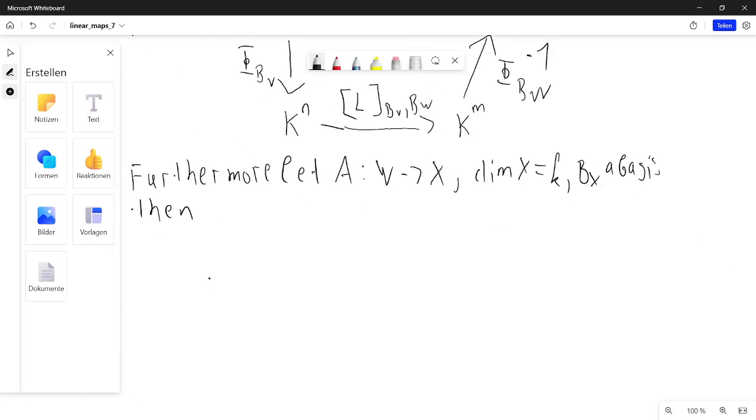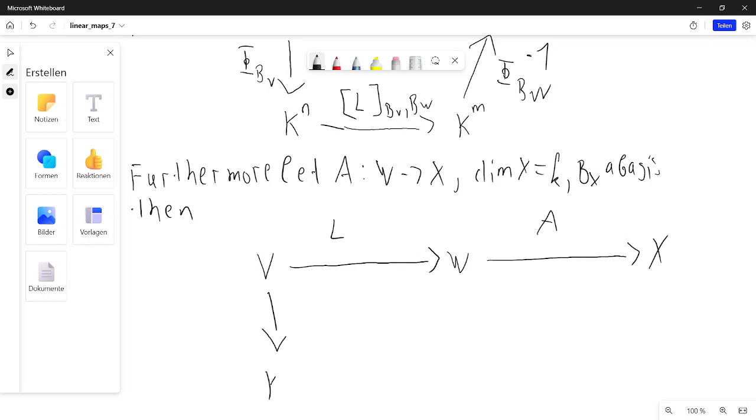Well, then we could go from V to W to X, here via L, here via A, and we could go from V to K^N.